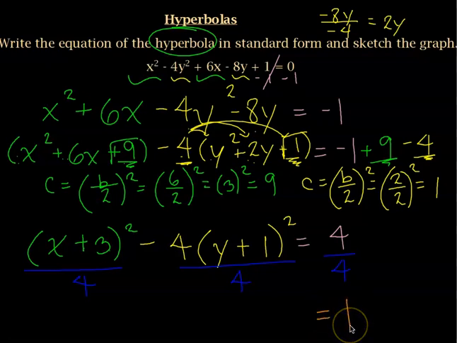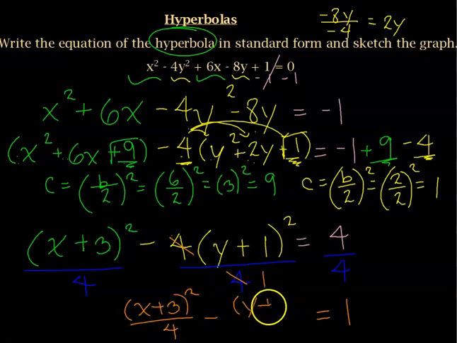The right side does equal 1. Notice here that the 4 and the 4 divide out, so that gives me 1. So I'm going to rewrite this as x plus 3 squared over 4 minus y plus 1 squared over 1.